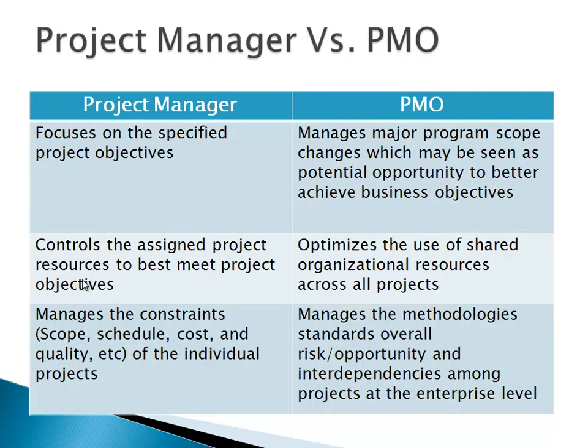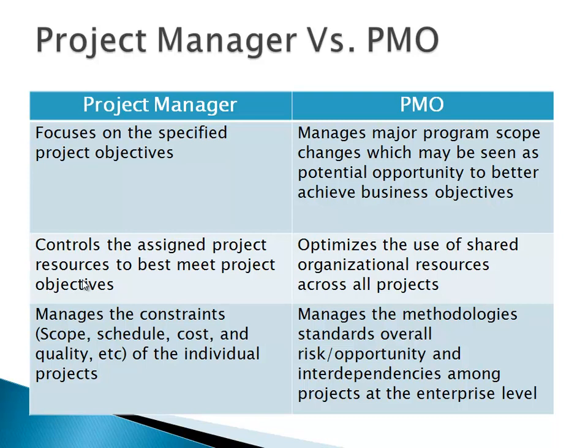To compare the project manager versus the project management office, you can see that the project manager focuses on the specified project objectives, while the project management office manages major program scope changes, which may be seen as potential opportunity to better achieve business objectives.